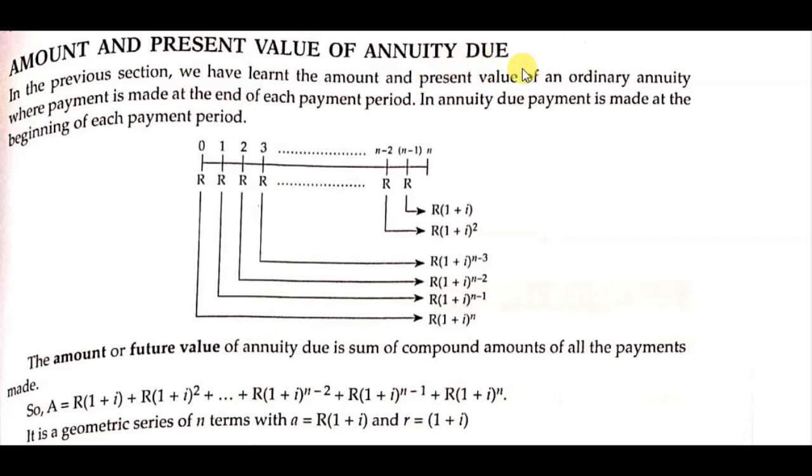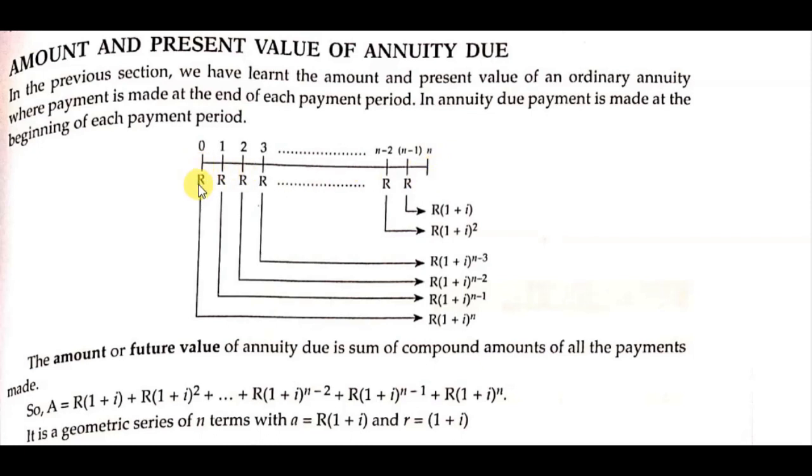So R is a payment made now, so it is not at the month ending. At time zero you make this payment, R. It will be invested for n time periods, up to n months, for example.